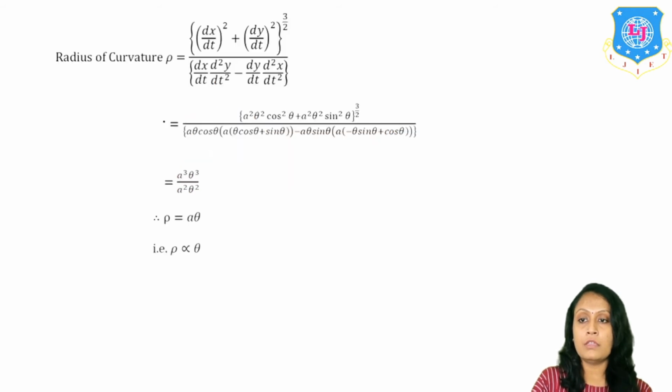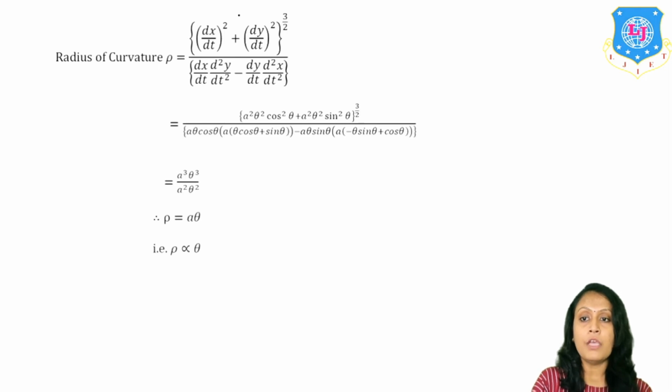Now the radius of curvature formula is given by (dx by dt whole square plus dy by dt whole square) whole raised to 3 by 2, upon dx by dt into d square y by dt square minus dy by dt into d square x by dt square. So we'll substitute everything over here.